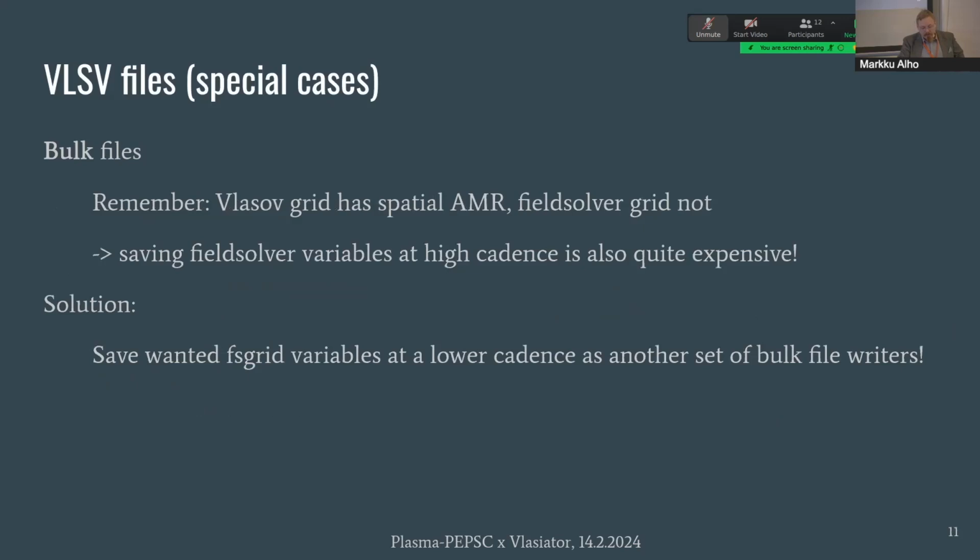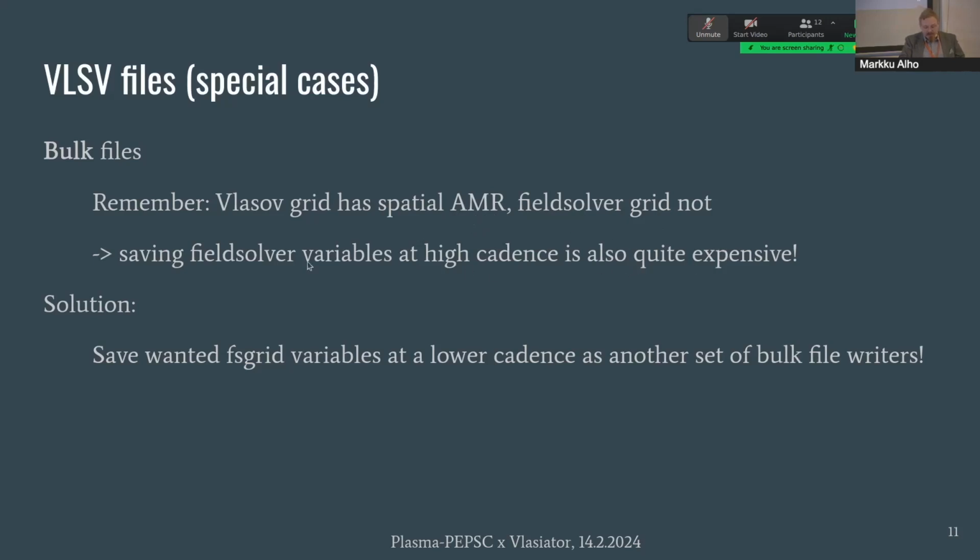And so you can, for example, save the field solver variables at the lower cadence. Since when we have the spatial AMR on the Vlasov grid, the Vlasov grid is actually pretty cheap to store, in some few millions of cells. So that's pretty cheap.